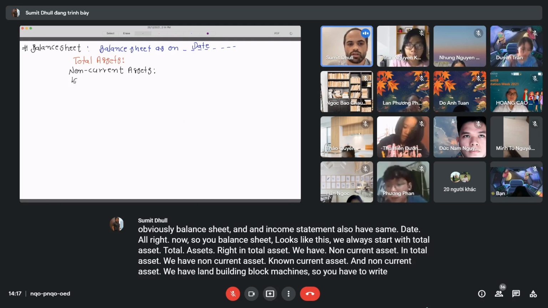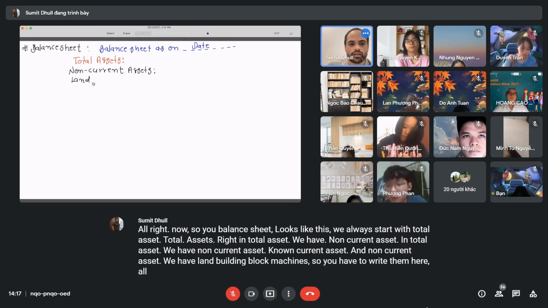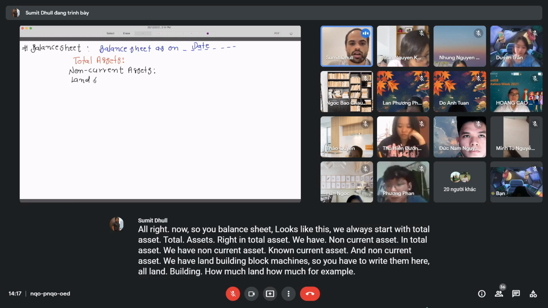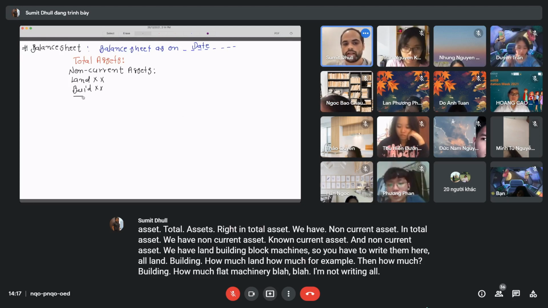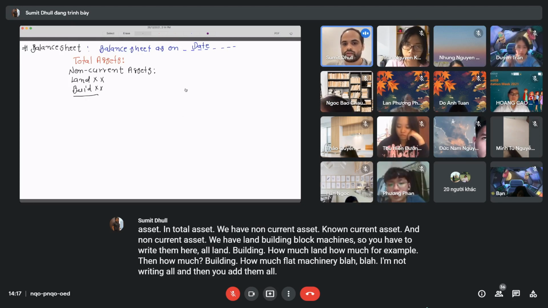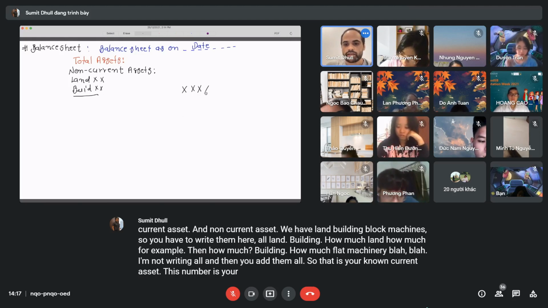So you have to write down here all. Land, how much, building, how much, for example. Land, how much, building, how much, plant, machinery, and so on. I'm not writing all, and then you add them all. So that is your non-current asset. This number is your non-current asset, right?